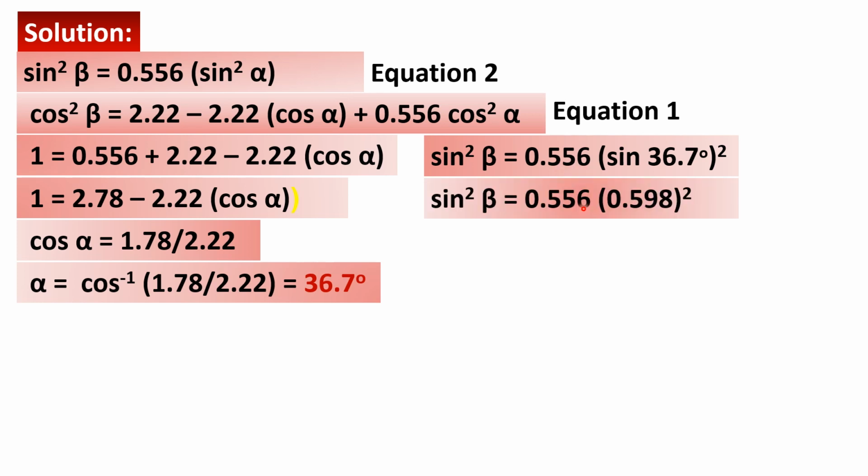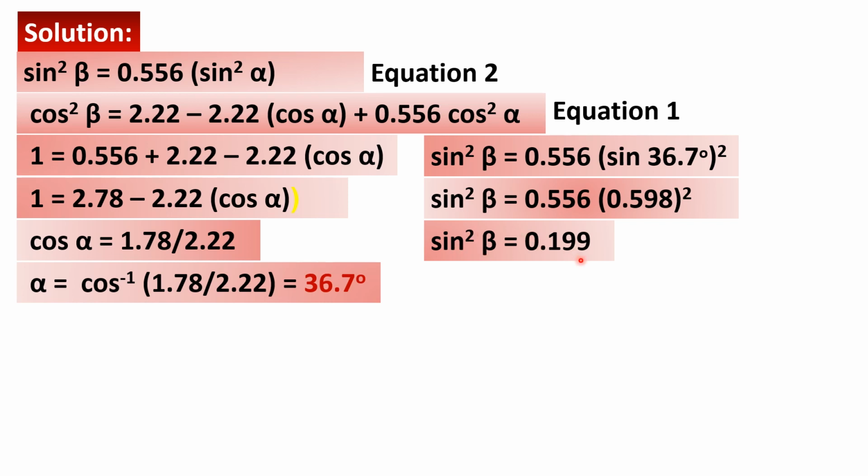Alright, so this is what comes out. The value of sine 36.7 is equal to 0.598. Get the square of that, then multiply to 0.556. Okay, and then since we are looking for sine beta, we get the square root.